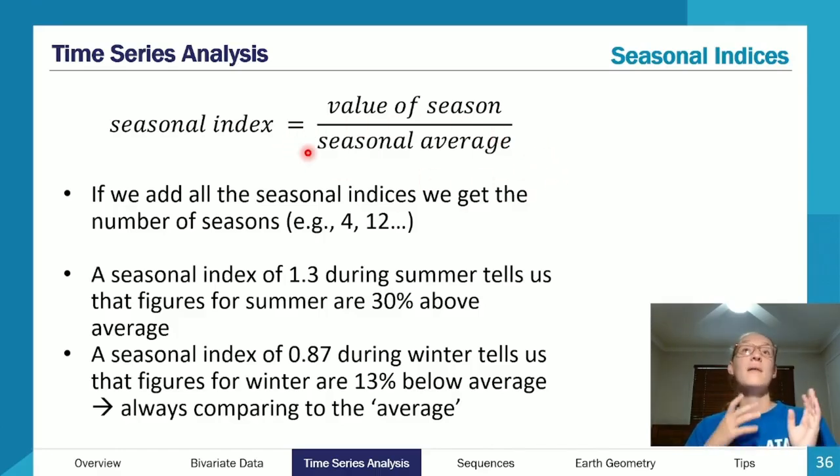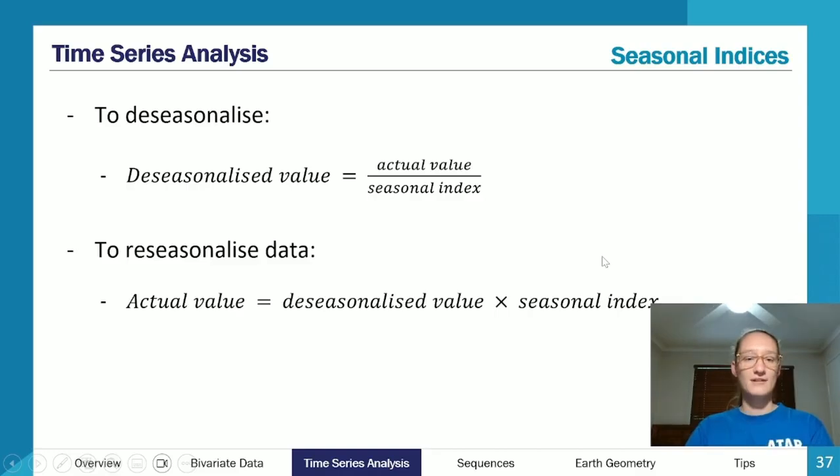You've got to calculate that before you can find your seasonal index. Again, a quick reminder that if you add your seasonal indices together, it will equal the number of seasons. That can be helpful if you've got to find an unknown seasonal index as well. And again, if it's 0.87, that means it's 13% below average. We're always coming back to the average.